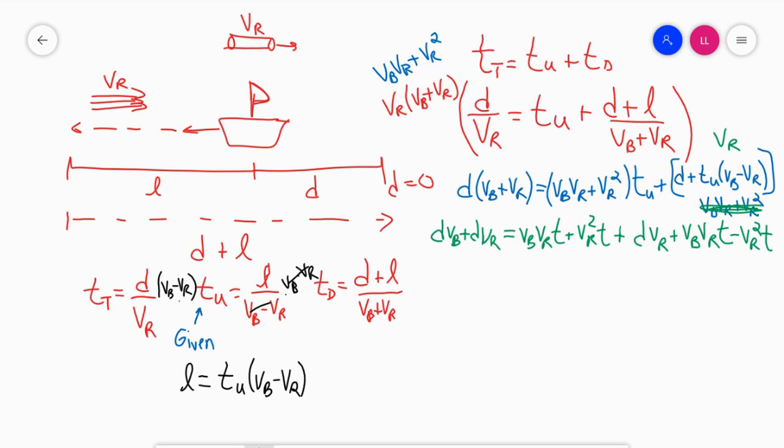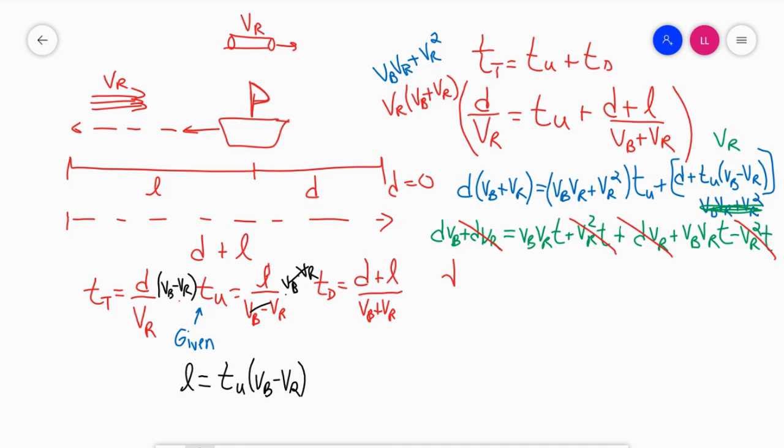I know there are a lot of confusing things here, but here are some good things that happen. I've got a plus VR squared T and a minus VR squared T, and that goes away. Little SAT trick: if you have the same factor on opposite sides of an equal sign with the same plus or minus, those go away.